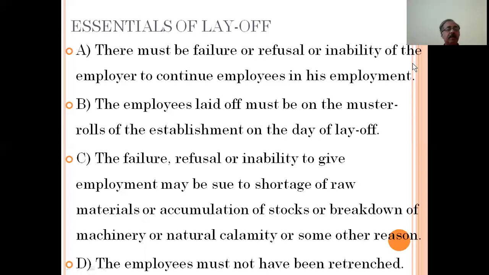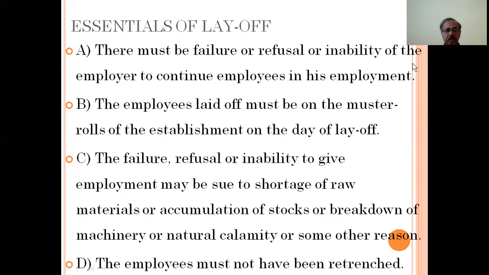The following are the essentials. First point, there must be failure or refusal or inability of the employer to provide employment to his employees. So definitely there should be a situation in which the employer is unable or refuses to provide employment to his employees. The second one, the employees laid off must be on the muster rolls of his establishment on the day of layoff.